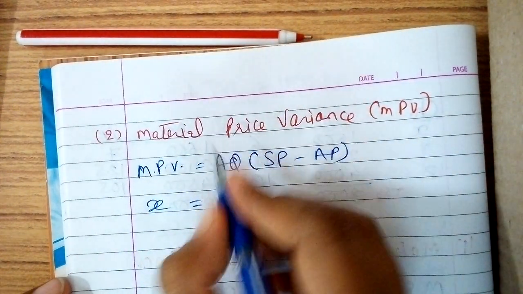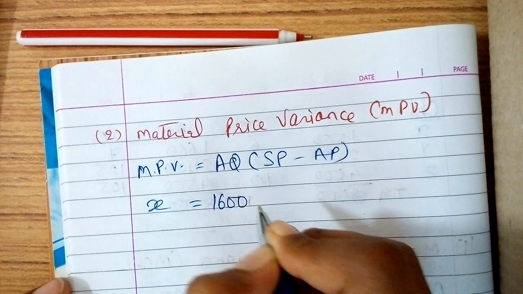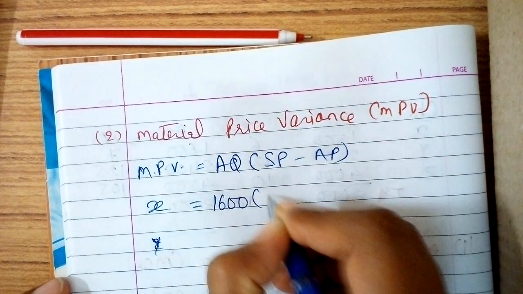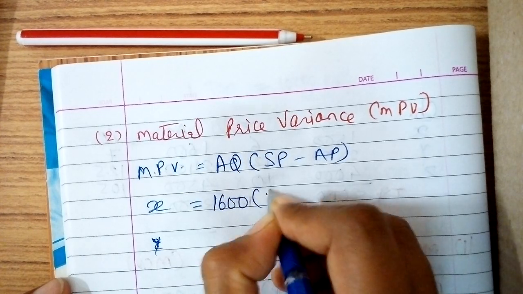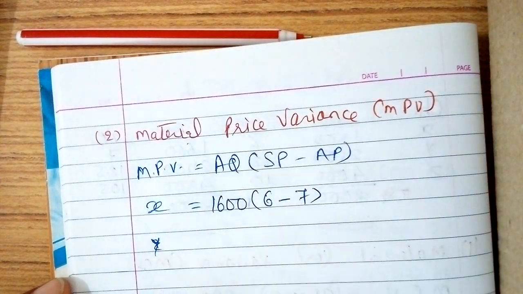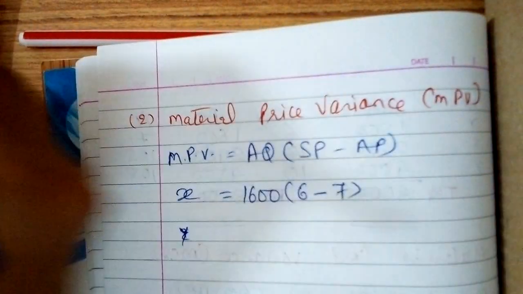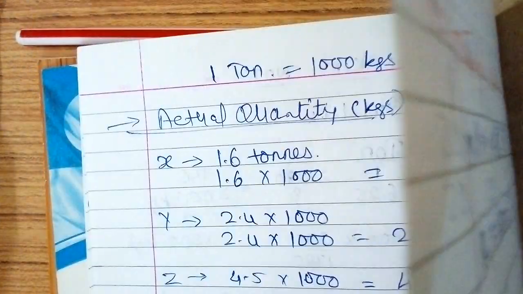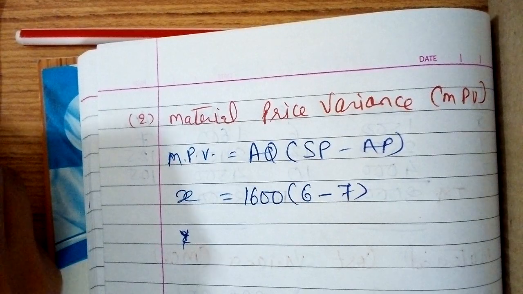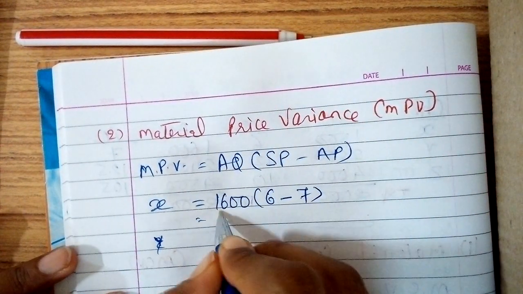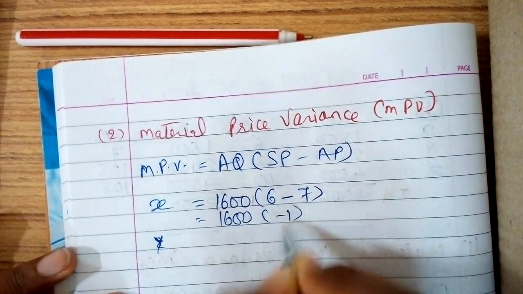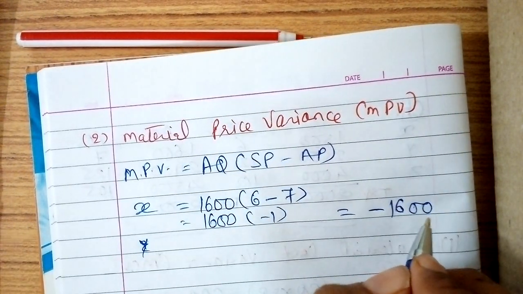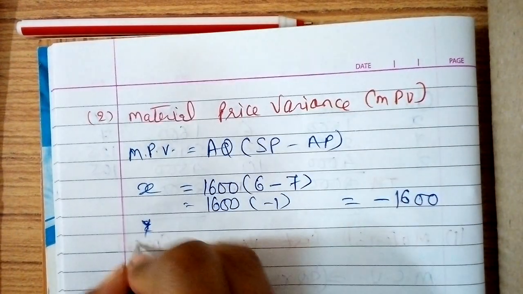So for X, actual quantity is 1600 into bracket, standard price is 6 and actual price is 7. So 1600 into minus 1, so the answer would be 1600, unfavorable.